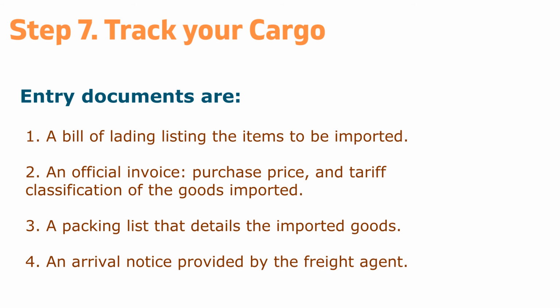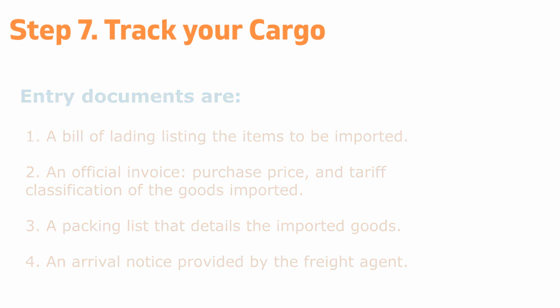The entry documents include a bill of lading listing the items to be imported, an official invoice that lists the country of origin, purchase price, and tariff classification of the goods imported, a packing list that details the imported goods, and an arrival notice provided by the freight agent.